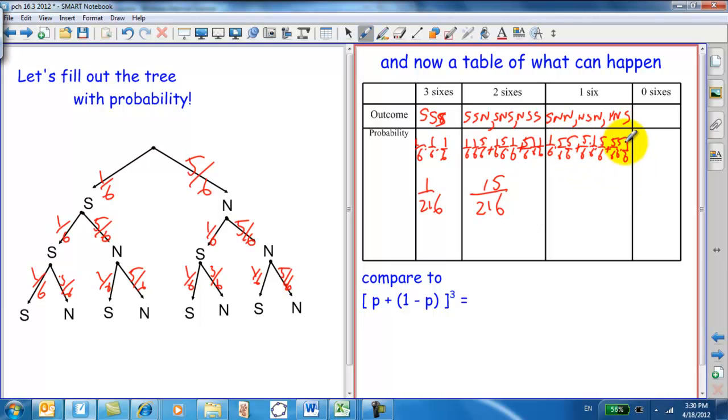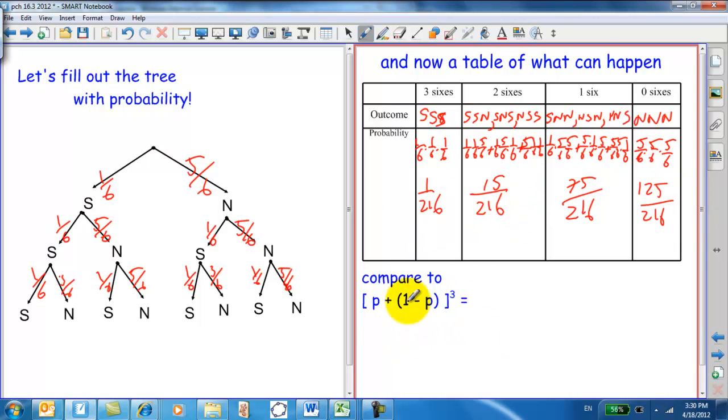So 25, 25, and 25 is 75 over 216. Now we're getting somewhere. And lastly, no 6s means non-6 times non-6 times non-6, coming down this end of the tree. So that's 5/6 times 5/6 times 5/6, and we get 125 over 216. So sure enough, these all add up to 216 over 216.